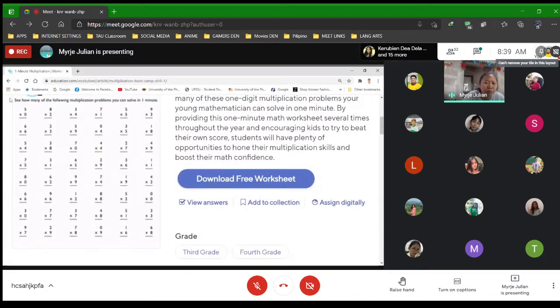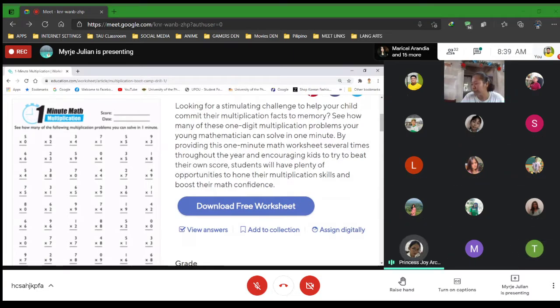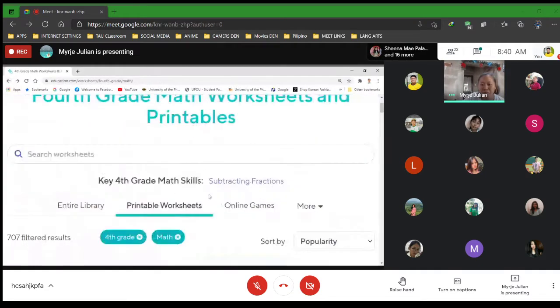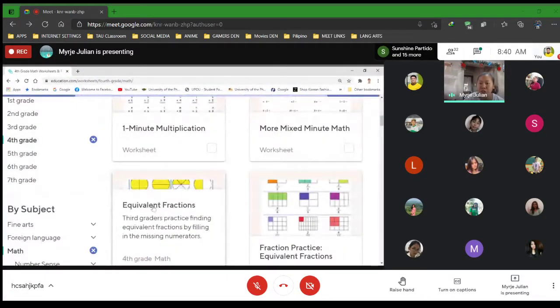Nung nakita ko to, naalala ko yung pinapagawa sa mga bata na ano na kasing tawag doon? Window cards. Correct. So, pwedeng ito siya in this form, parang window cards. Pwede rin namang may figures such as this one, equivalent fraction ng topic niya.